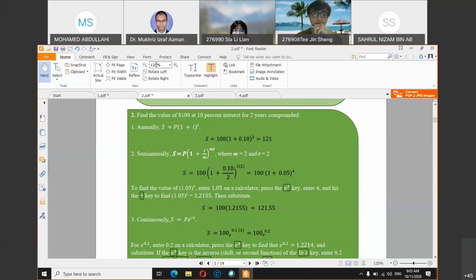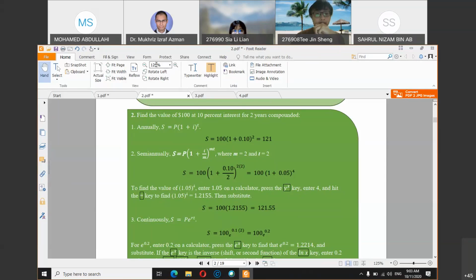P is the price, so we put 100. 1 plus I, where I is the percent interest, so we put 10% into the I. T is the year, so we put 2. So 100 times 1 plus 0.1 squared, so we get 121.